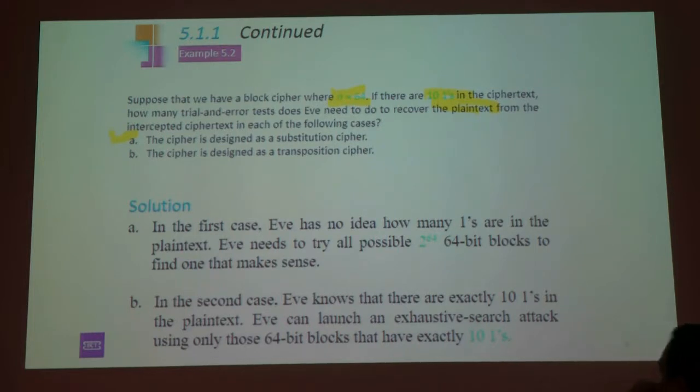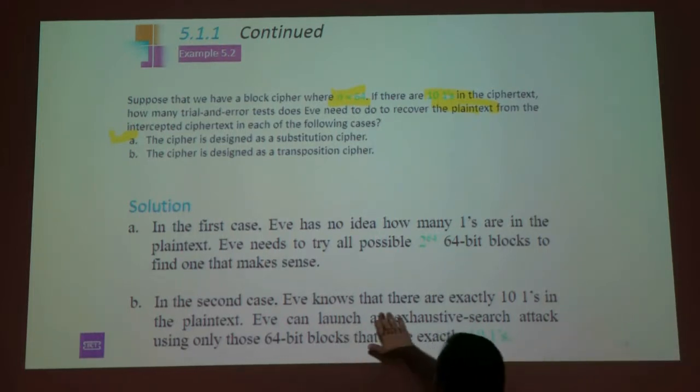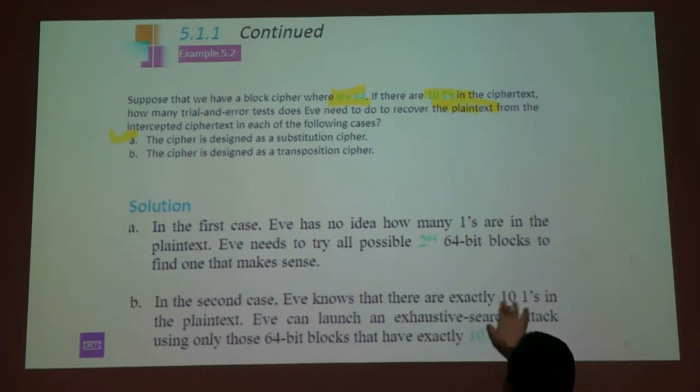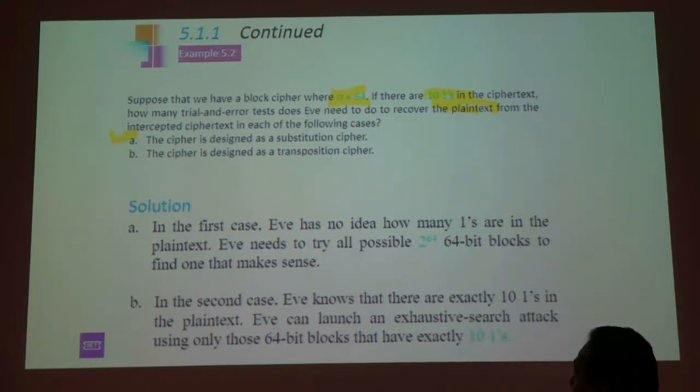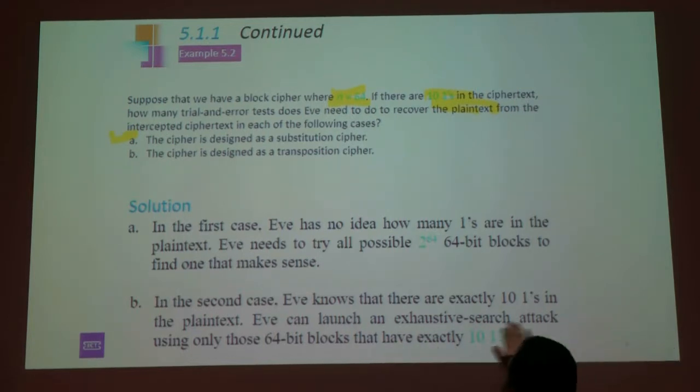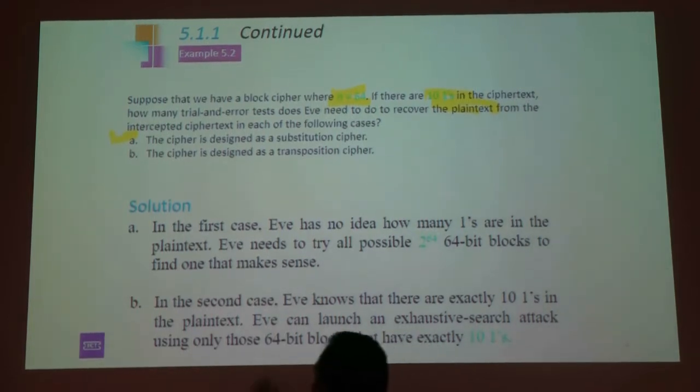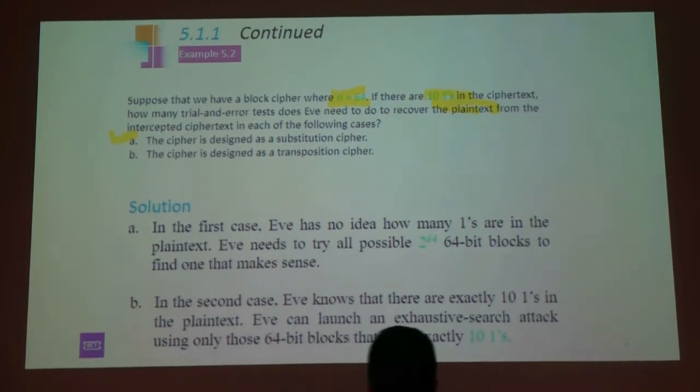If you have transposition, in the second case, Eve knows that there are exactly 10 ones in the plaintext. Eve can launch an exhaustive search, in fact, using only those 64-bit blocks that have exactly 10 ones.